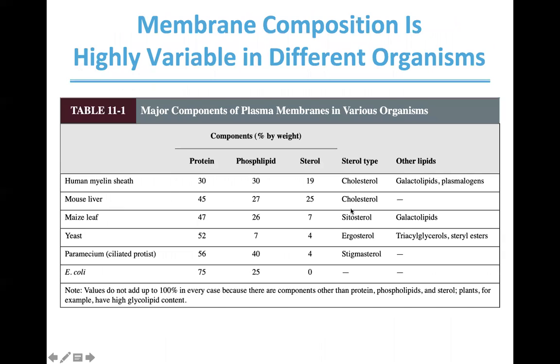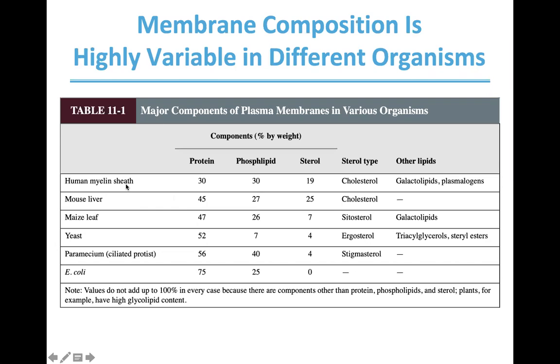So here is the table. Some of what we talked about is put in numbers. For example, this is a human myelin sheath.